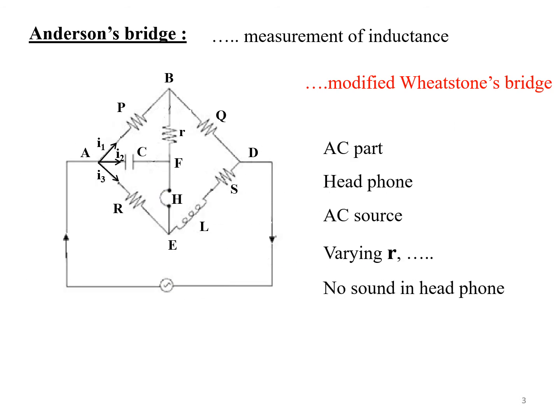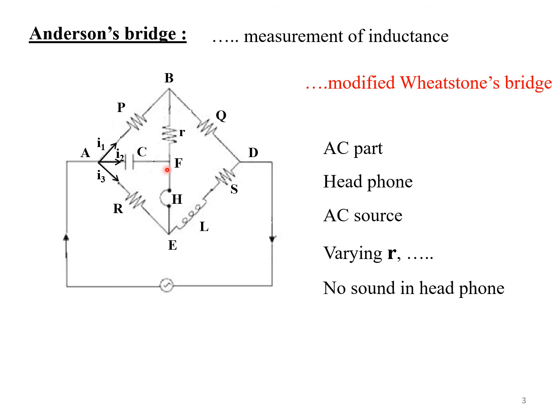In the case of the AC part of the Anderson's bridge, here we have the headphone and here we have the AC source. Now we are going to vary this particular resistance, small resistance r, such that no sound is heard in this particular headphone, namely H. As I said, the basic principle is going to be the same.